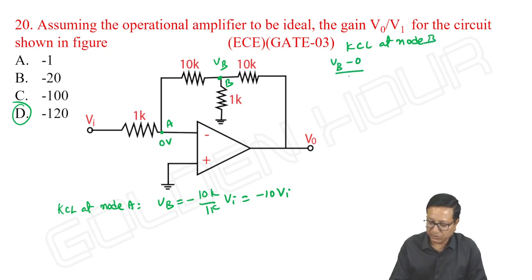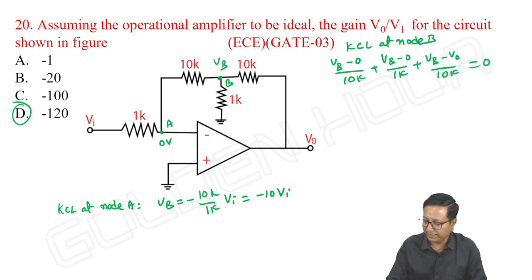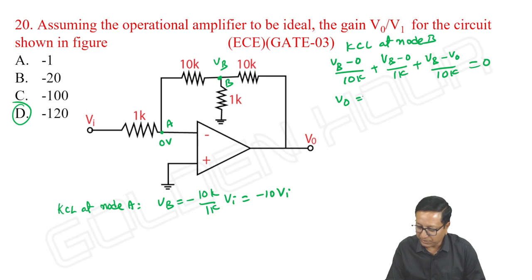VB minus 0 by 10K plus VB minus 0 by 1K plus VB minus V output by 10K is equal to 0. The kilo cancels: VB plus VB by 10 plus VB by 10, that is VB by 5.